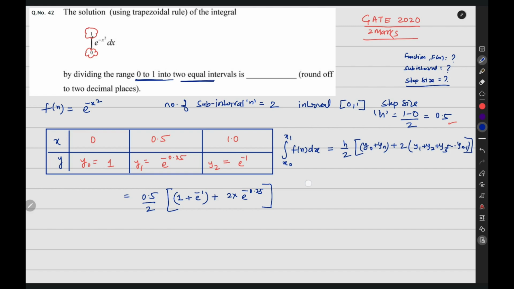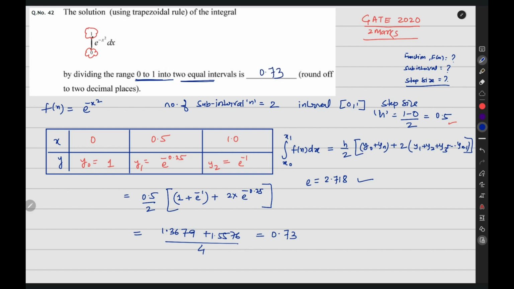Now we will put e equals to 2.718, and by calculating from calculator we will get 1.3679 plus 1.5576 by 4, that is 0.73. So for this question 0.73 is the correct answer.